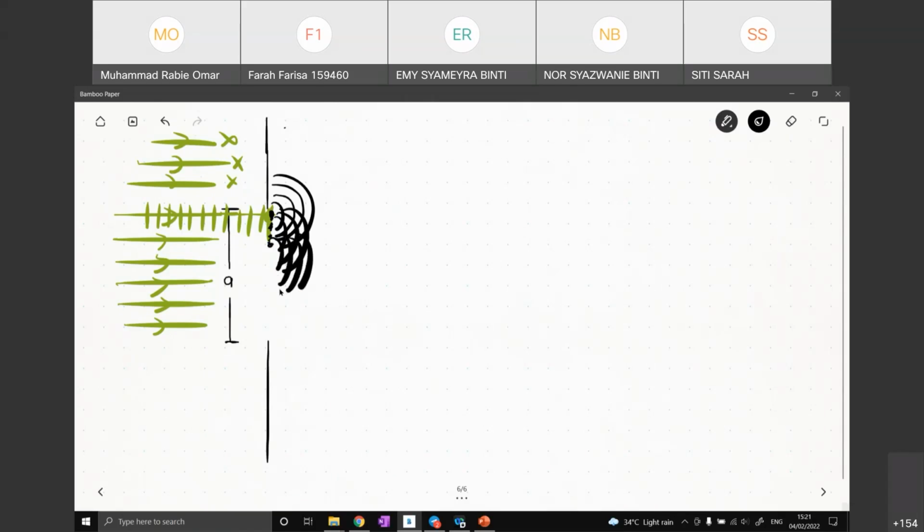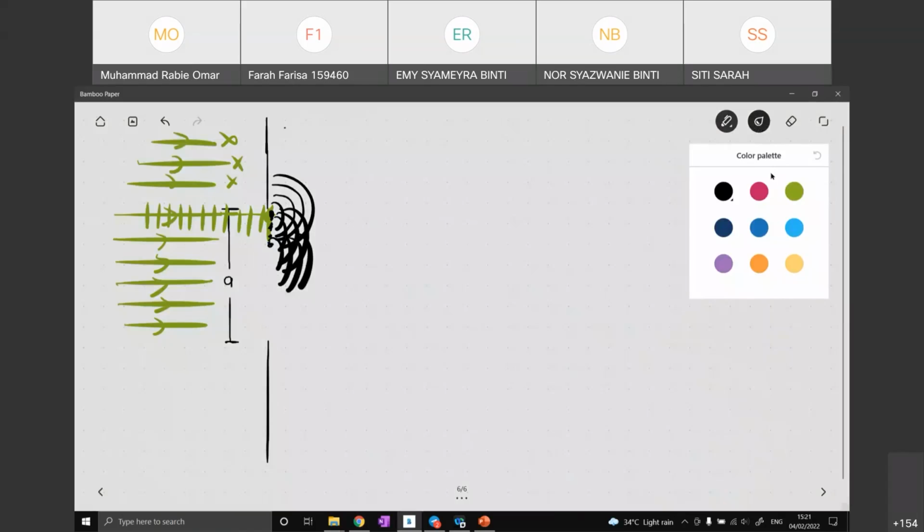And then you will discover that on the right-hand side of the slit, the light ray is going like this.